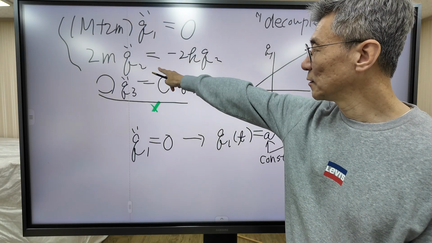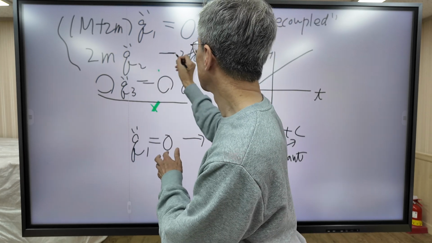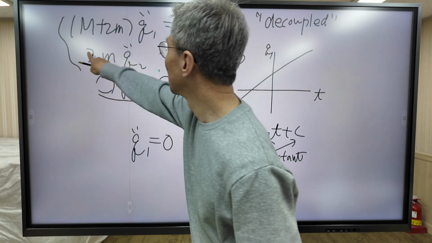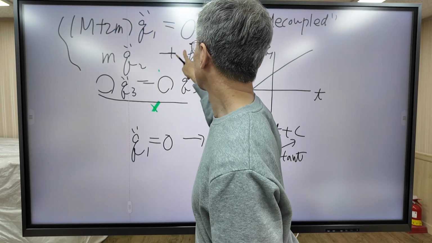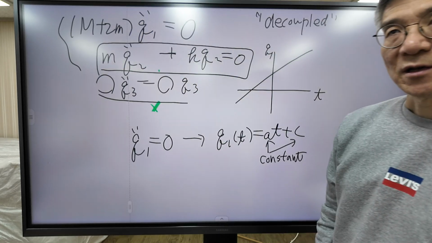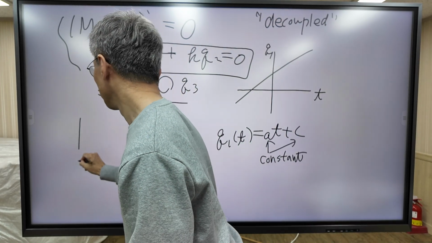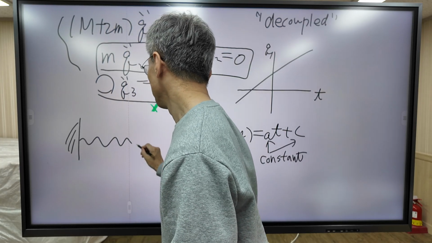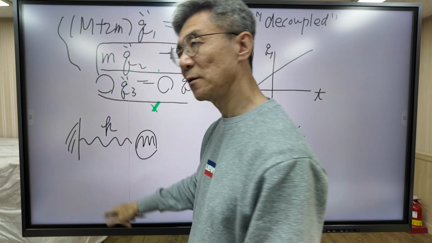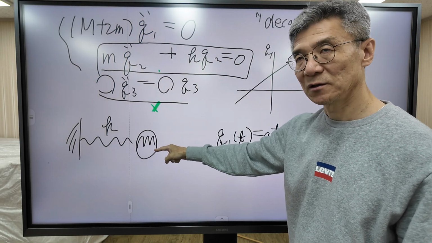Now, turn to the second equation. When we rearrange this equation, it looks like this. And 2 can be cancelled. Then you may find this equation familiar. This equation describes a harmonic oscillator. Mass M is attached to a spring with force constant K. This equation describes this situation, a harmonic oscillator.